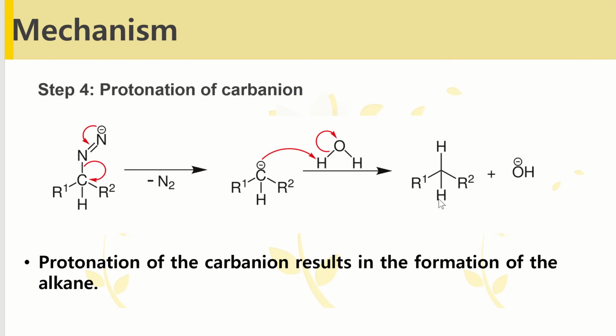So, you know, it might seem long, but I'm sure when you actually write it out yourself, it won't seem as long, and some of the steps kind of repeat themselves, so you'll get the hang of it. All right, so just try to write out the steps a number of times so that you can get it solidified in your mind. So protonation of the carbanion results in the formation of the alkene, as we said, right?